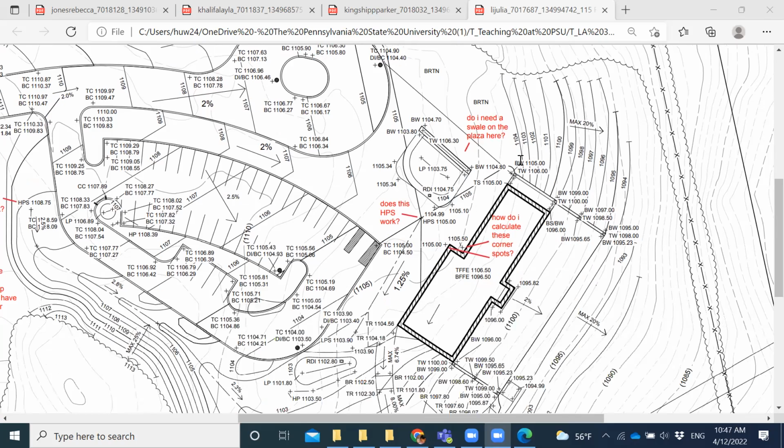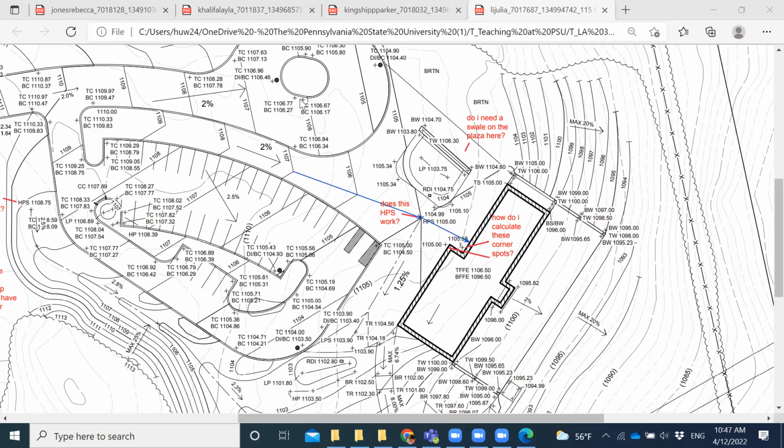And how do I calculate these corner spots? Using the contours. You would just basically have all the contours run the exact same manner. You do need to specify one of the center lines here. Again, I'm using arrows, but you would use ridge lines.